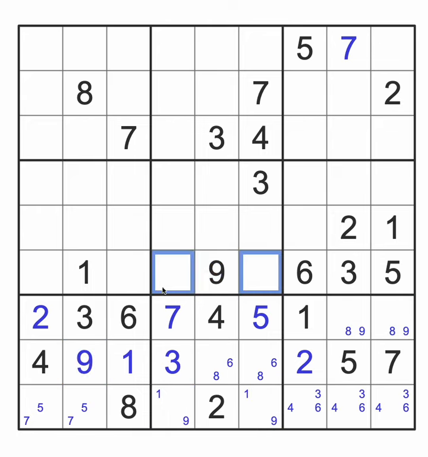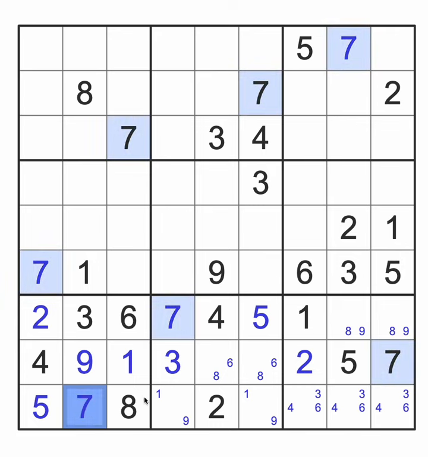Right, now looking at row 6, I can place 7 because here's 7, here's 7, here's 7. These 7s block this, this, and this cell. That leaves only this cell for 7, which gives me 5 and 7.